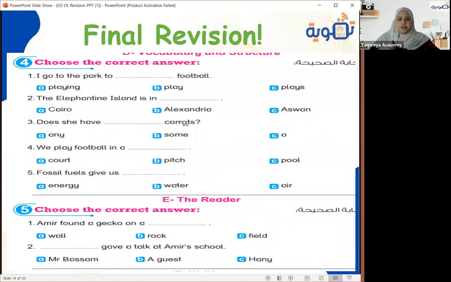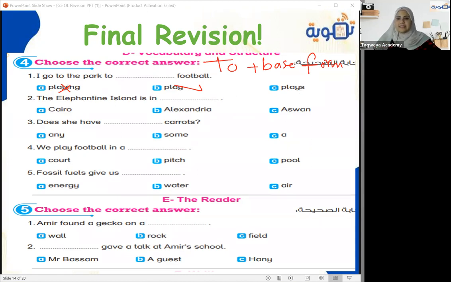Here, we need to choose the correct answers. Number 1, I go to the park too. That's infinitive. What is infinitive? Infinitive in English means to and the base form. For example, I go to the park to play. No, you have ing. To play, yes, because that's a base form.